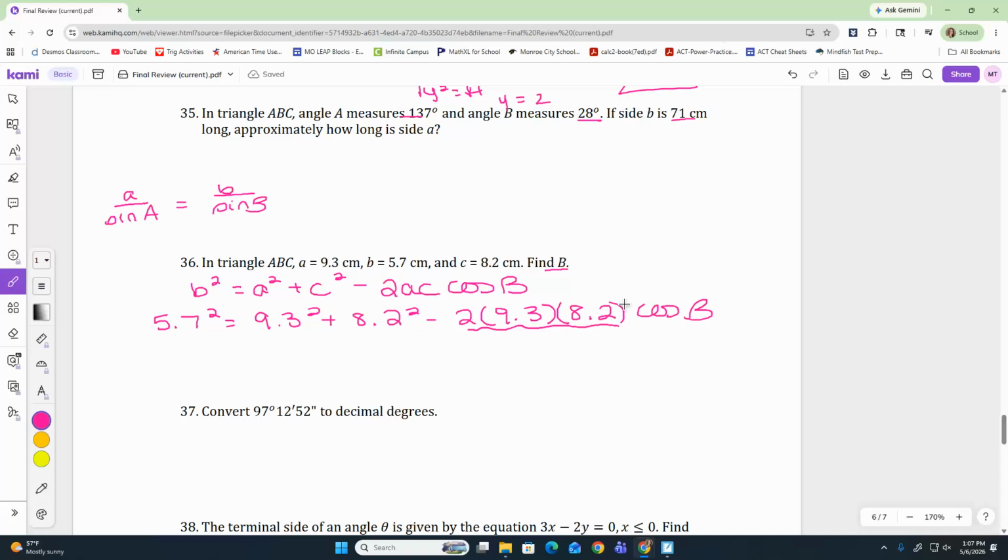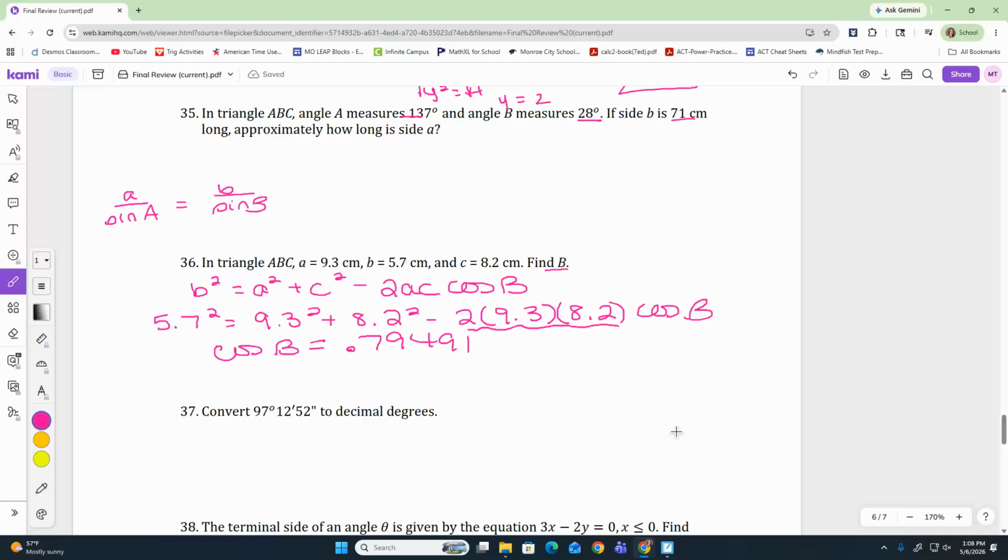Certainly could show more work if you needed to, and if you need me to, I can. If you do all that, you get cosine of B is equal to 0.79491. Okay, we know cosine is only positive in quadrant 1 and quadrant 4. Can you have an angle in quadrant 4 if we are talking about a triangle? No, because if you're in quadrant 4, it's between 270 and 360, right?